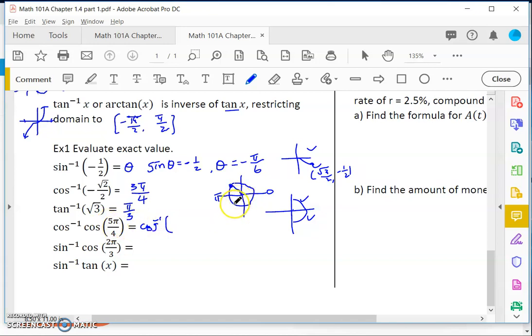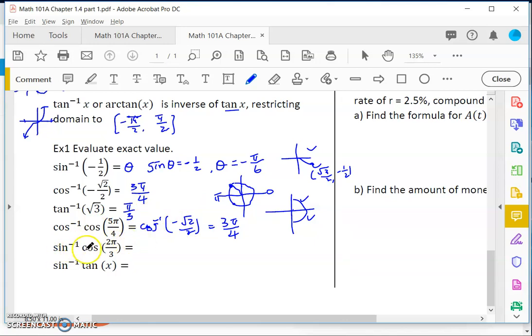Cosine 5 pi over 4 is here. It's still negative root 2 over 2. And then it becomes cosine inverse of negative root 2 over 2, which we have done, 3 pi over 4. So you can see that it is not the same as just canceling them. Most of the time we can, but if we restrict the domain for the original function, you cannot.